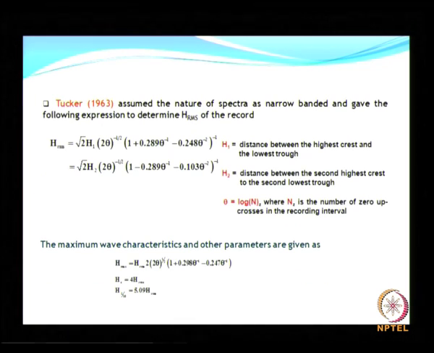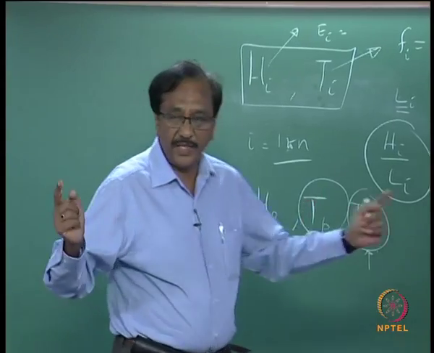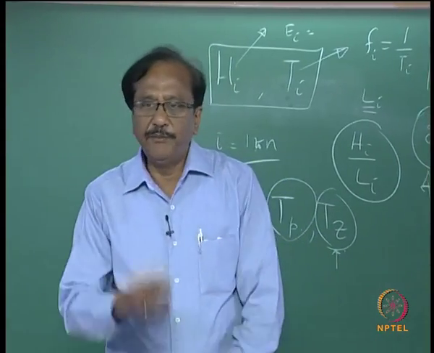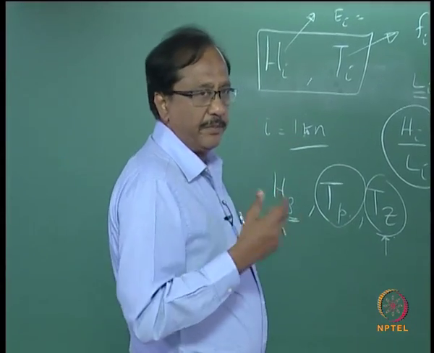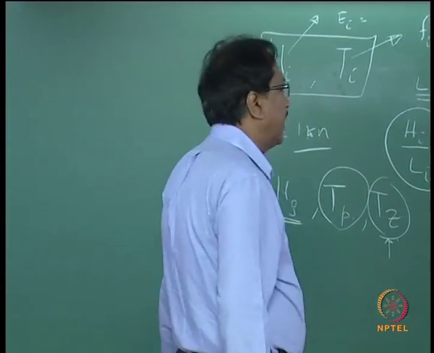Now all the other efforts were towards representation of a random wave in terms of a single parameter which can replace the effect of the entire random wave. Some way of representing, some statistical measure to represent the random wave.